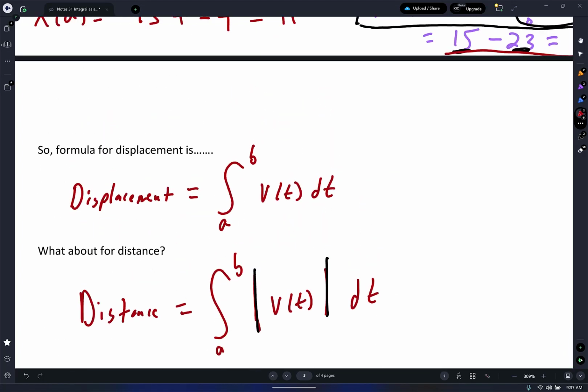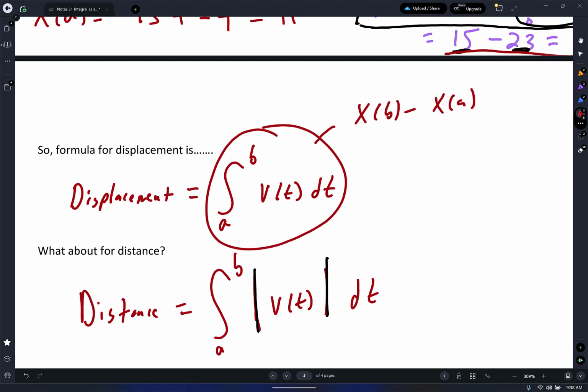And look, check it out. A side note here: remember, this by definition is just x of b minus x of a. That's position. x of b is the position at b, x of a is the position at a, and if you subtract them, that's displacement.